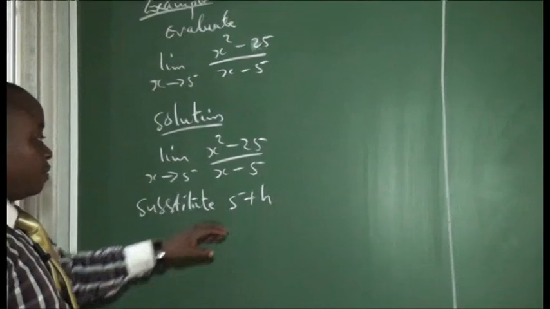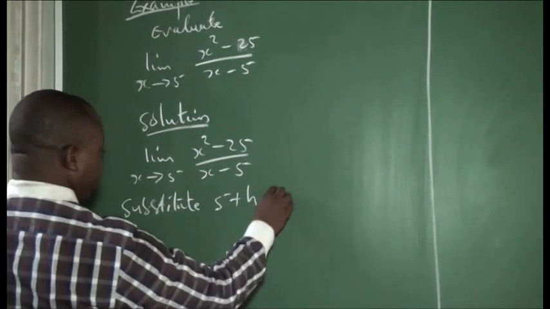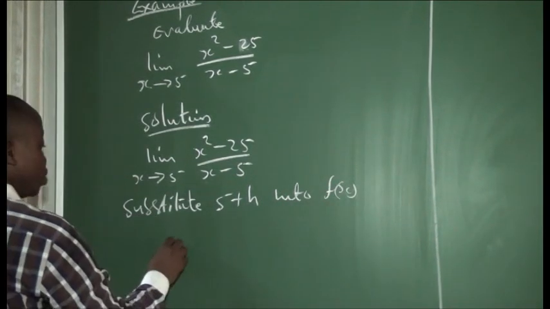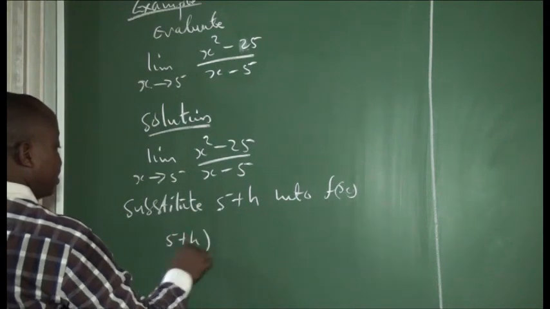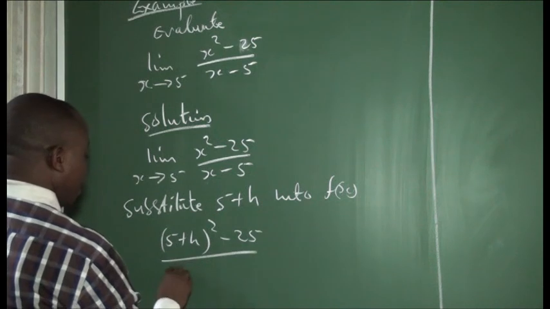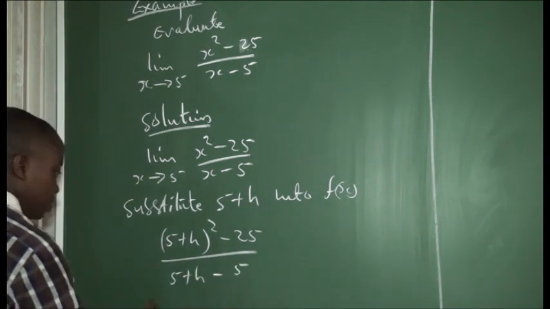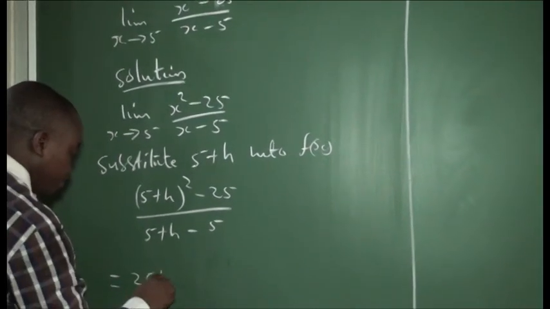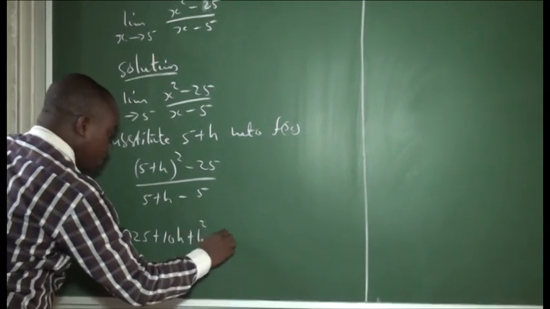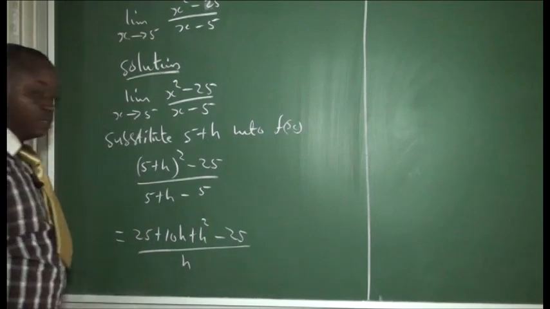So I have to substitute 5 plus h into the function f of x. So we'll have 5 plus h squared minus 25 over 5 plus h minus 5. Then this will give me 25 plus 10h plus h squared minus 25 over h.